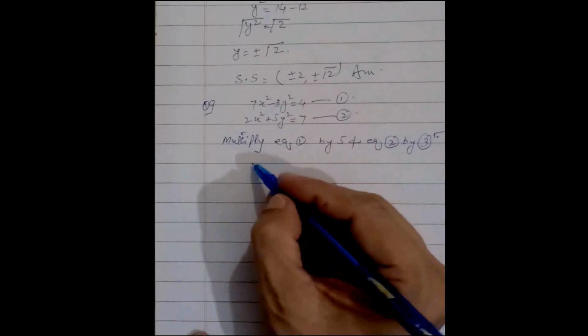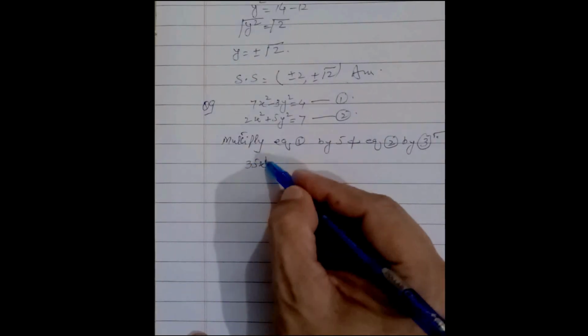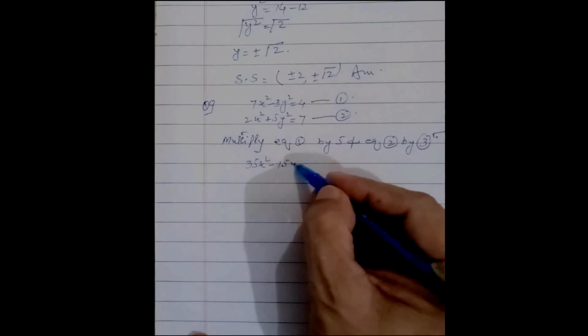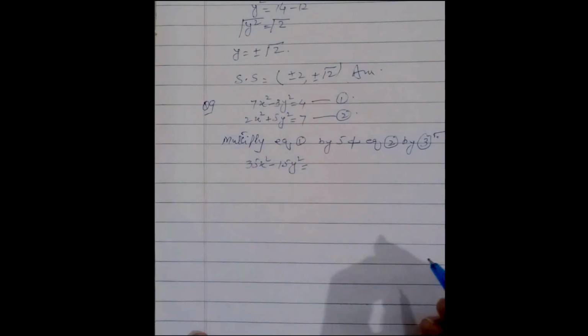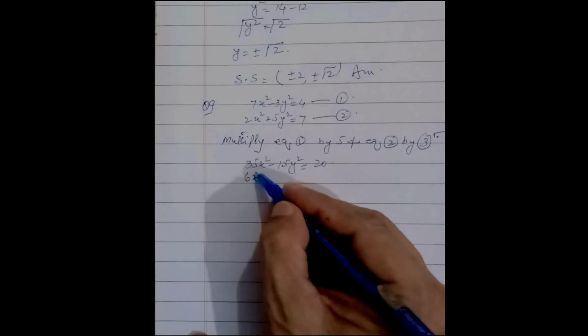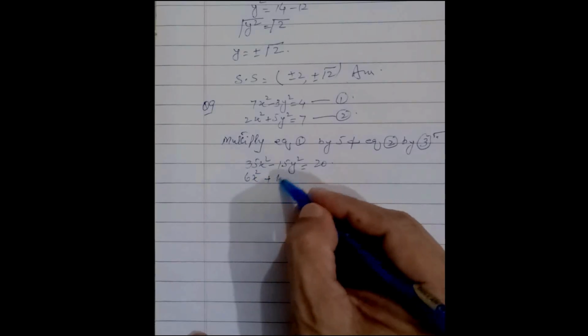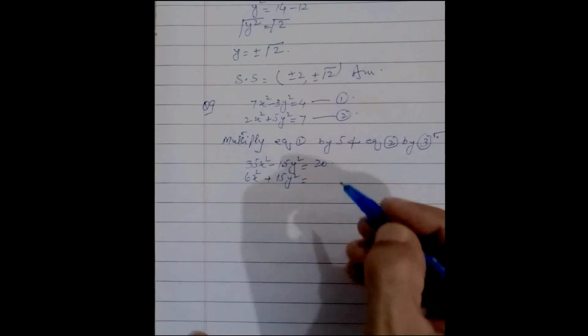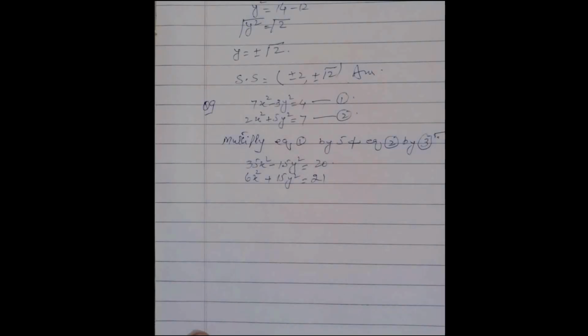We get 35x² − 15y² = 20. And the second question becomes 6x² + 15y² = 21.